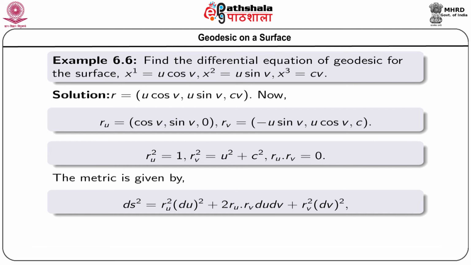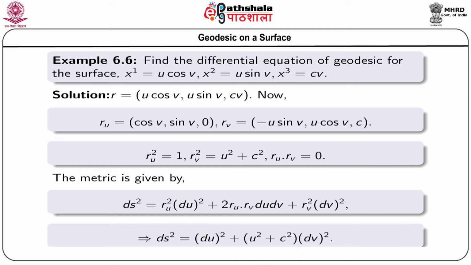That means, A11 is r_u², A12 equals r_u dot r_v, and A22 is r_v². So, the expression is coming to ds² equal to du² plus (u² plus c²) dv².